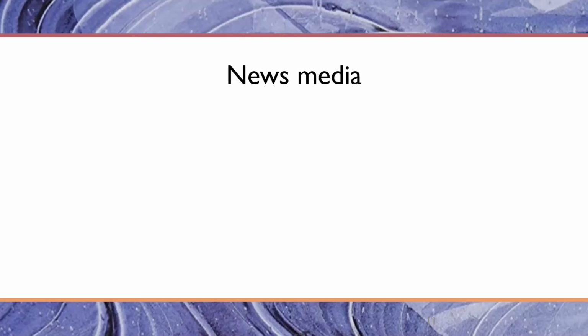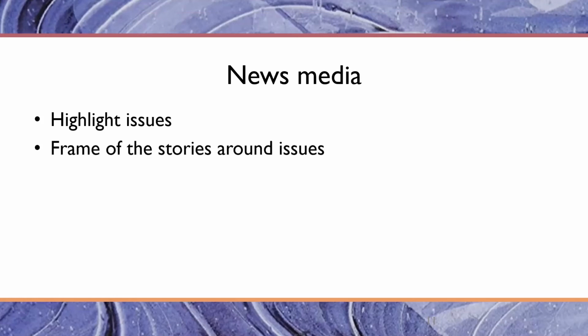Now, the news media are really important inputs into the public policy process because they highlight issues. You know, whatever's on the front page of the New York Times, the Wall Street Journal, the Washington Post, whatever's the lead story at CNN or NBC Nightly News or Fox, those things are going to have an influence on public policy making. They frame stories around issues. They tell stories, and stories often have heroes, victims, villains.